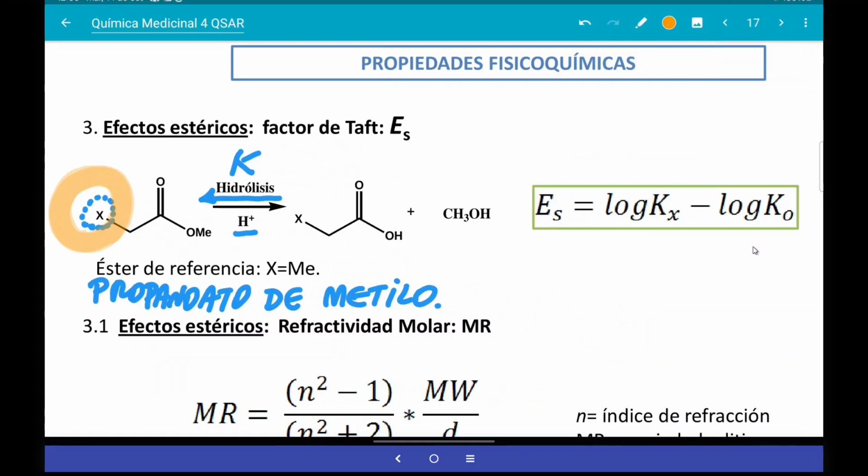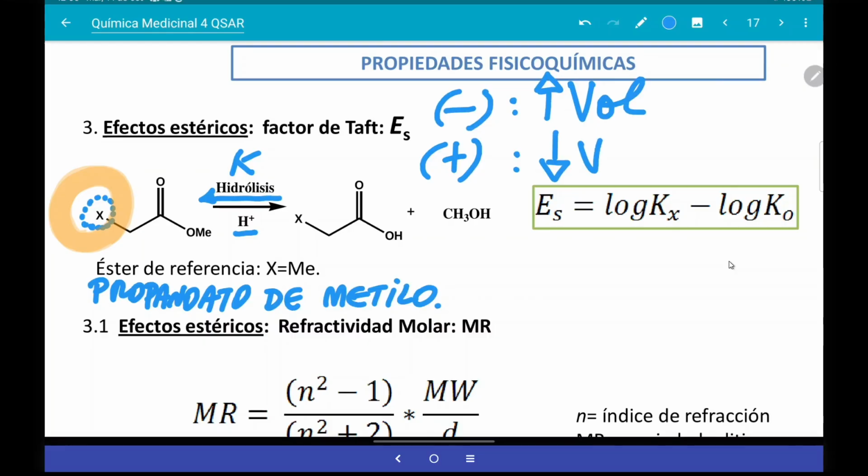Negative then. This was more difficult to interpret. So we are going to say that if the value is negative, then we have large volume, voluminous substituents. If the value is positive, they are small substituents. Es, the steric factor of Taft, is a measure of the steric resistance that a substituent offers, of its size, of the spatial disturbance that it offers for this process, empirically measured.